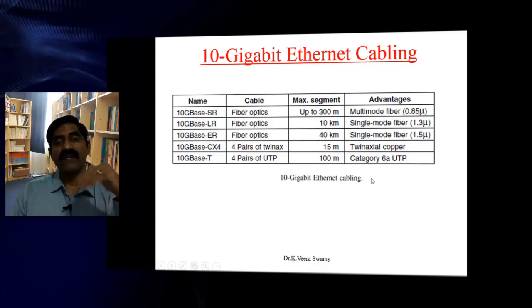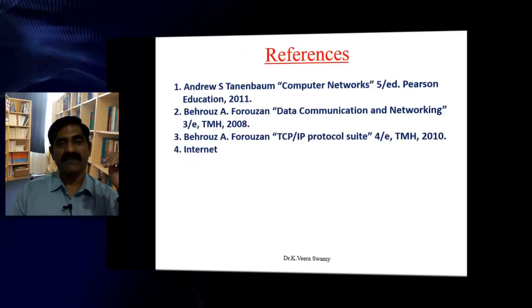So a very high data rate. That is the understanding of cables and their importance. If you want further details on these topics, you can refer to Tanenbaum's Computer Networks, or Data Communications by Forouzan, or TCP/IP Protocol Suite by Forouzan.